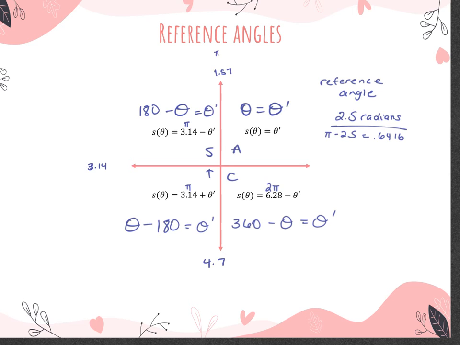Because this is pi over 2, this is pi, this is 3 pi over 2, this would be 0, and then 2 pi, which was also 6.28. So without the pi's, you get those whole numbers. That's going to tell you which quadrant it lays in. So 1.5-ish at the top, 4.7 on the bottom, and that kind of determines your range.